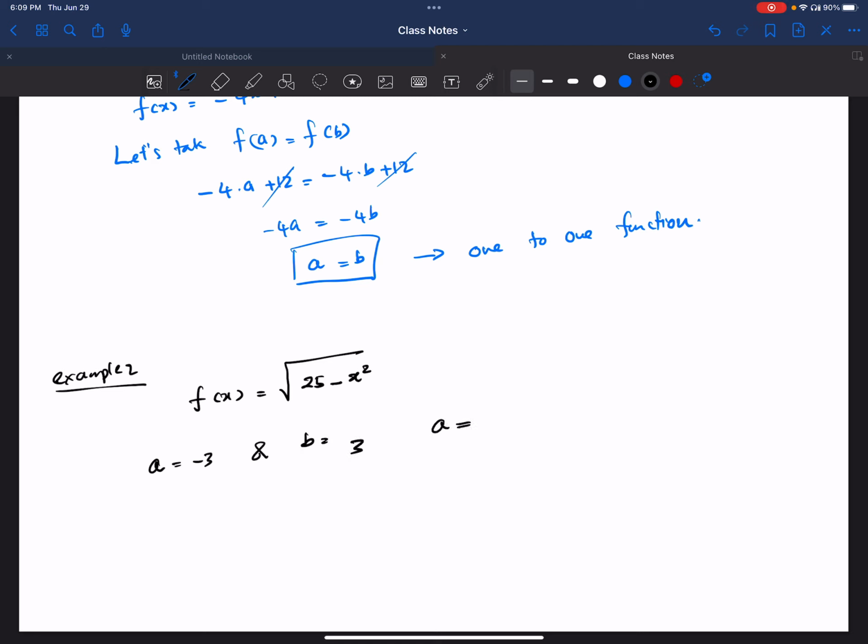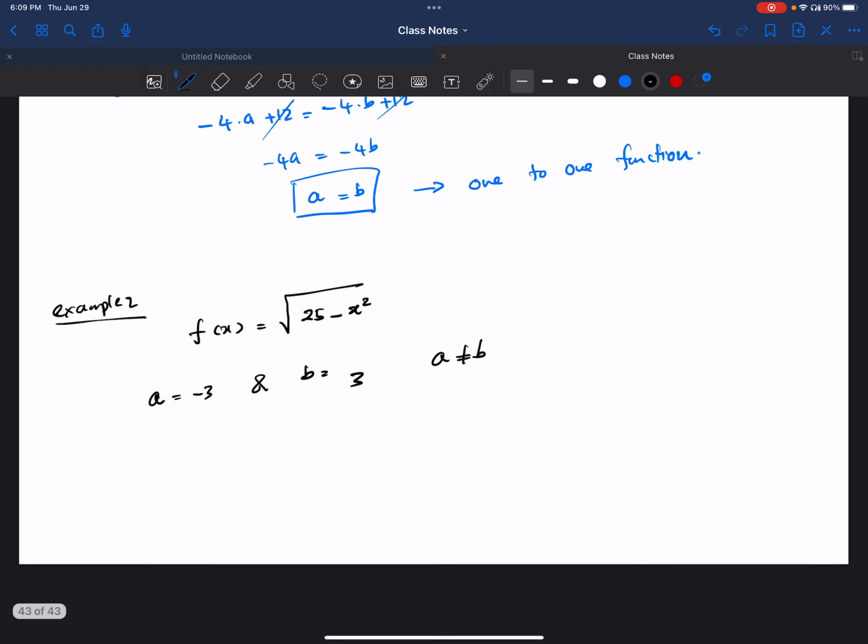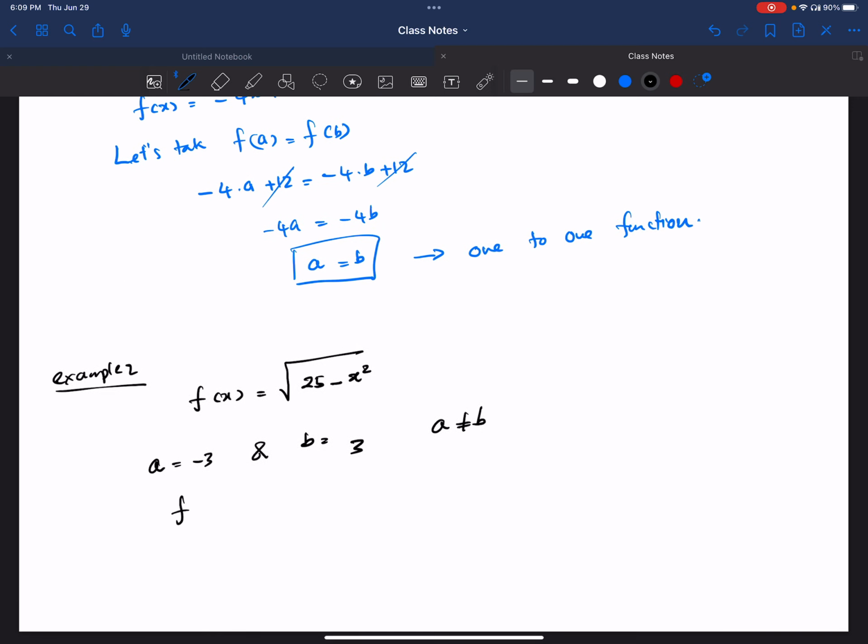In that case, A is not equal to B. But we get f of A, which is the square root of 25 minus 3 squared. That's 25 minus 9, which is 16, and the square root is 4.